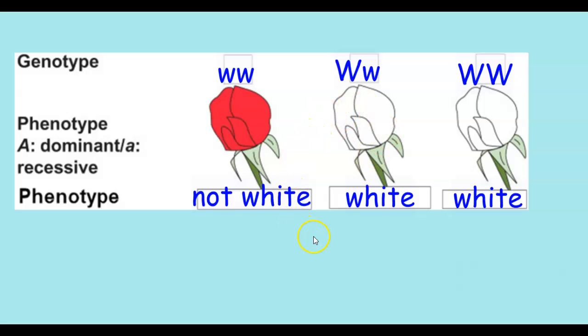But we're going to use examples that are purely one gene, one trait, which are kind of rare actually. Most of your traits are caused by lots of genes combined. But in this case, you have the gene, you have the trait, so there's no blending happening.